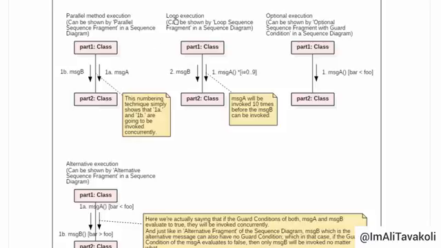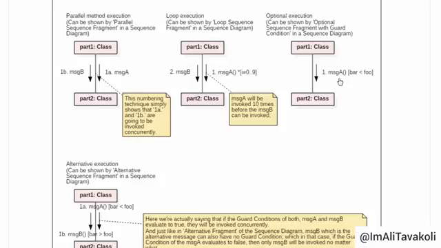All right, loop execution. Here we are saying that message A will be invoked 10 times before message B can be invoked. So we show it like this. And as we know, the loop sequence fragment in the sequence diagram demonstrates the loop execution.